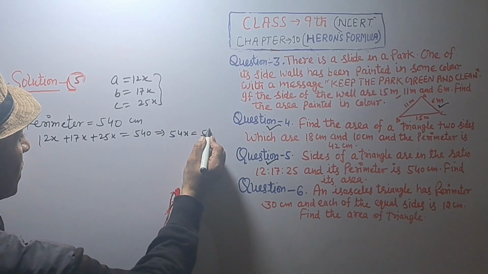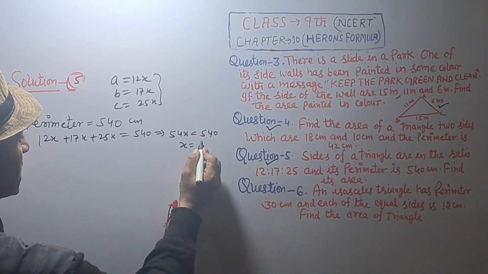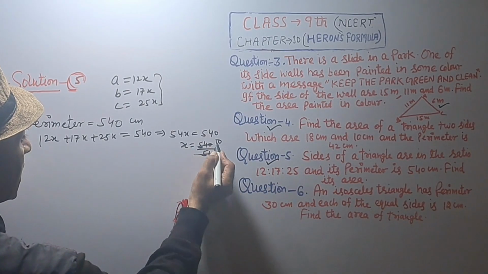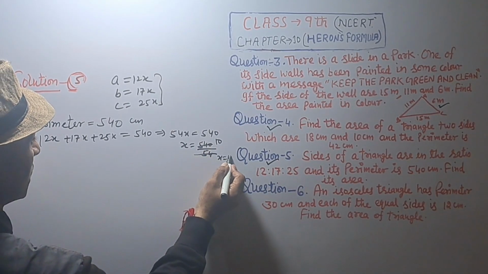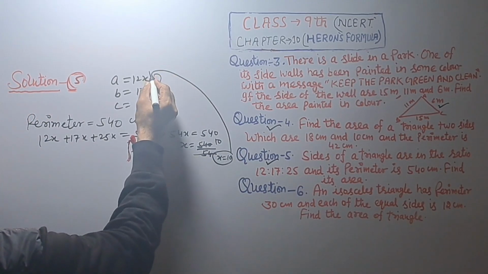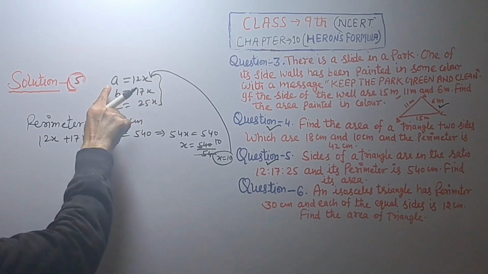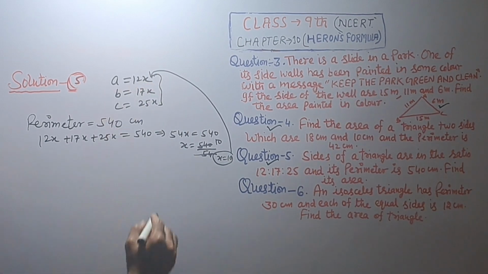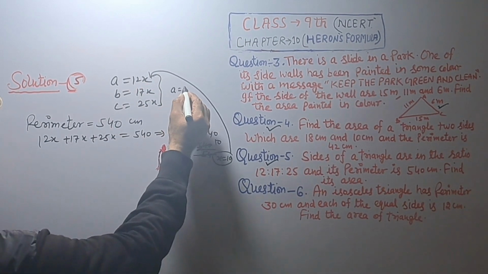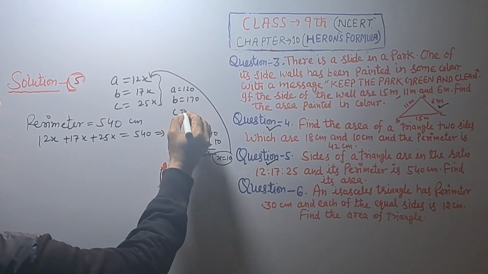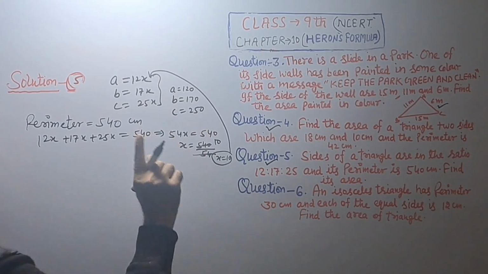54x is equal to 540, then x is equal to 540 upon 54, that is 10. Putting the value of x equal to 10 in 12x, 17x and 25x, we get a is equal to 120, b is equal to 170, then c is equal to 250.